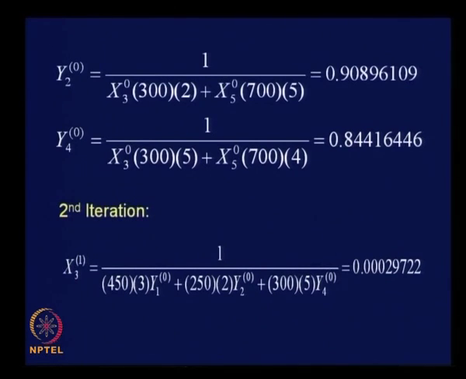So we just substitute the actual value of y1 0 here, plus 250 into 2 y2 0 plus 300 into 5 y4 0. If you do so, you are getting a value of x3 to be 0.00029722, that is the value of x3.